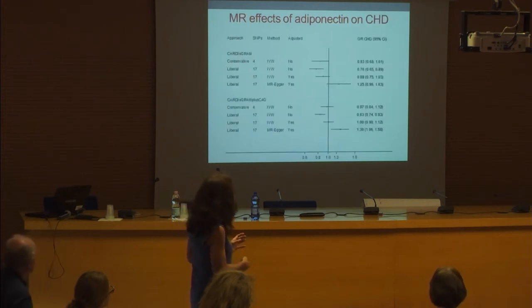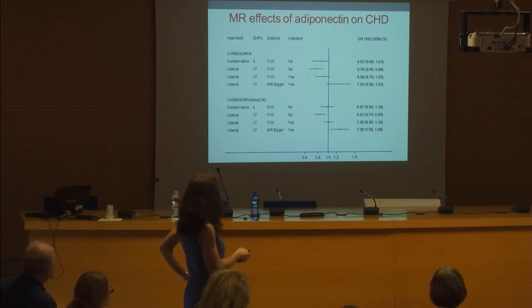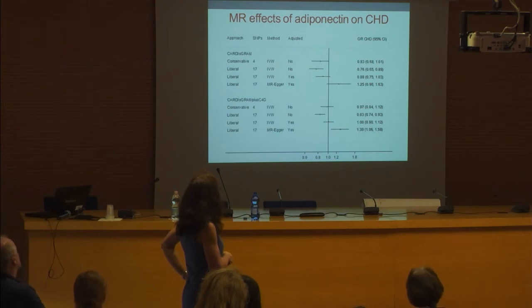So in the final analysis, and there's not time to go through this, but it's an illustration, I think, of how you can pick and choose what you present and what you do. What we have here is everything that we've done in the smaller sample with 22,000 cases, and in the larger sample with 66,000 cases: doing the conservative inverse variance weighted, where we think there's no pleiotropy, in both samples, doing the liberal but with no adjustment for potential confounders, doing the liberal where we do adjust for potential confounders, and doing the MR-Egger.